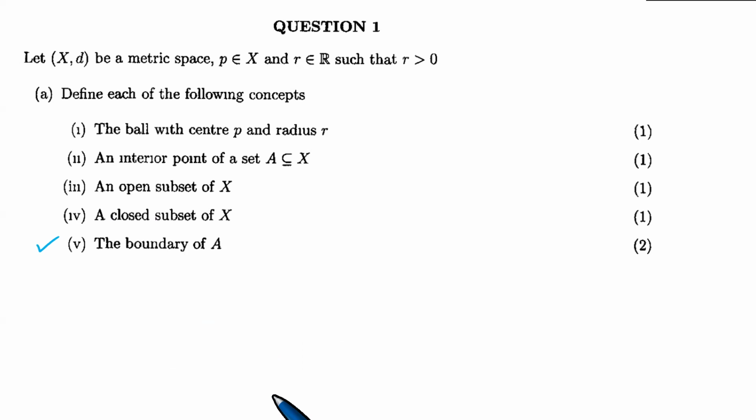To define a boundary, we must first define what we call a boundary point, and then we can define the boundary of a set. Let's discuss the notion of boundary points.